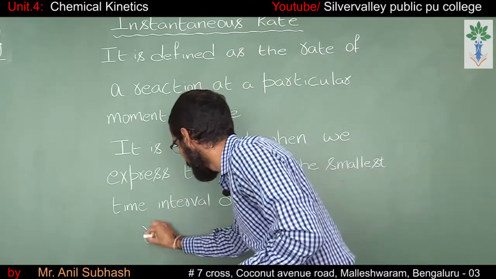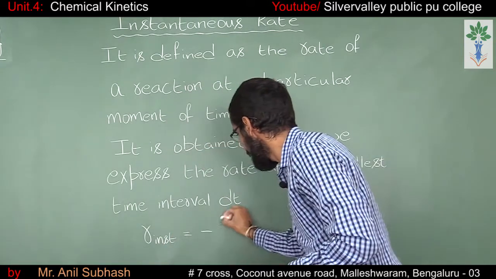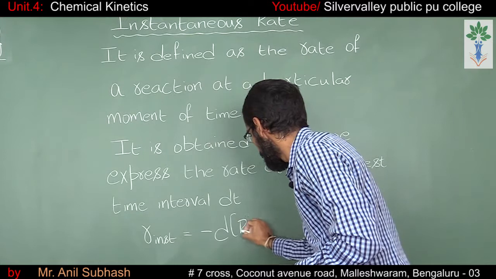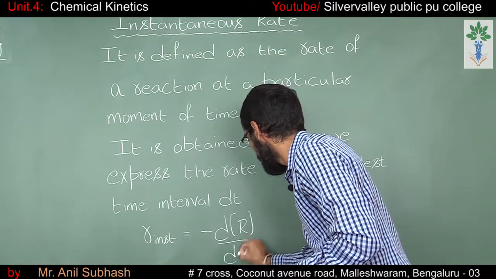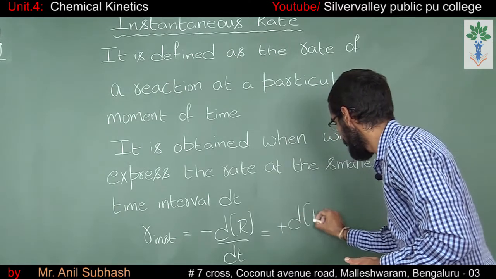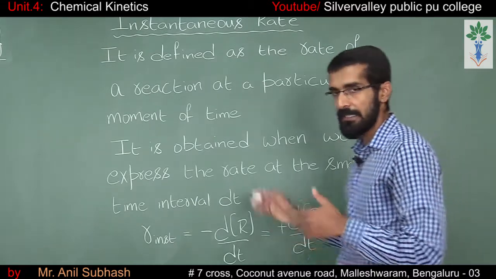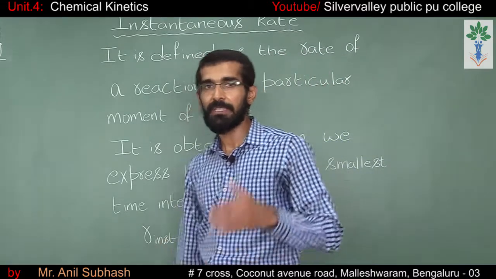Instantaneous rate is given by minus dR by dt, that is equal to plus dP by dt. Instantaneous rate can be determined graphically.